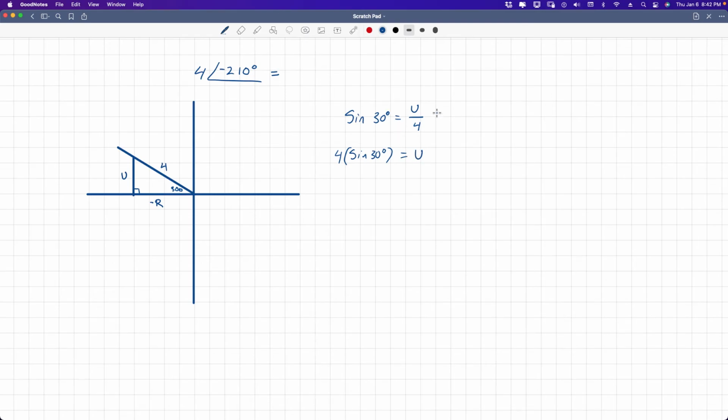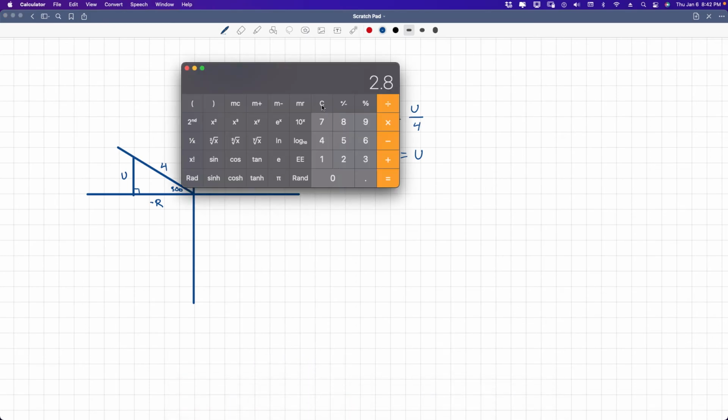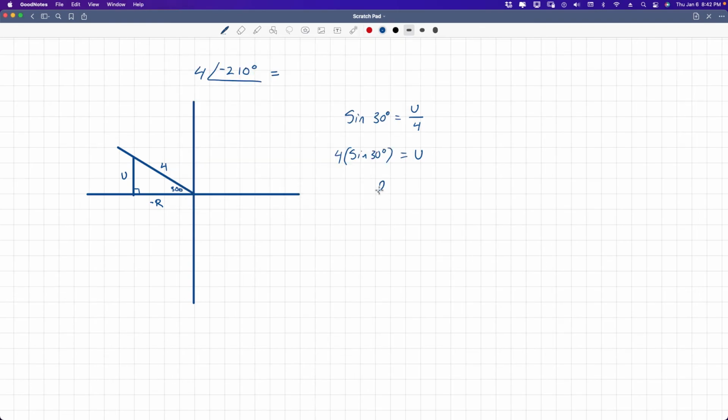And we got here because we said 4 times this, those canceled. And then we did 4 times this because we had to keep it equal. So we have 4 times the sine of 30 equals u. So we pull up our calculator and we say 30 sine times 4 is 2. So 2 is u. So that's going to be positive 2u, right? There we go.